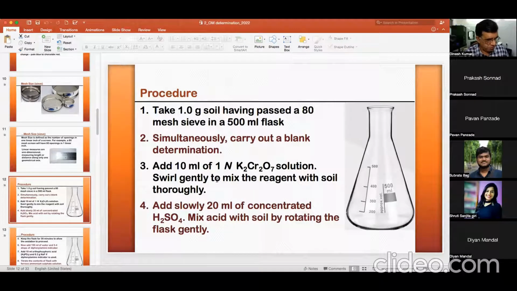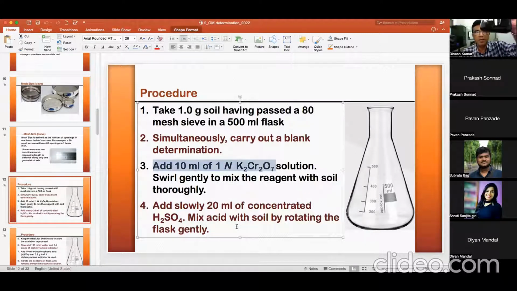Now what you need to do in both is add 10 ml of 1 normal potassium dichromate solution, in the sample and in the blank also. This is basically an oxidizing agent, and it acts along with sulfuric acid. It cannot act alone. It needs sulfuric acid to produce chromic acid, and chromic acid is basically an oxidizing agent.